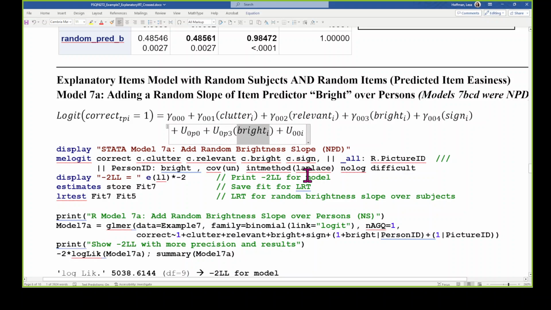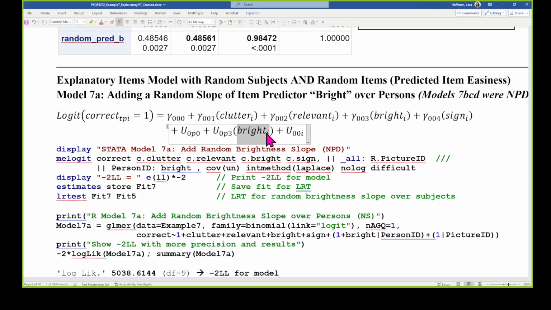How much that matters differentially? What is it random over is the question then. Over people. Now, what level is brightness as a predictor? It's level 2. So we've got level 1 trials, nested in level 2 people, nested in level 2 items. People and items are crossed at level 2. So brightness is an item thing. Its slope can vary randomly over people, the other level 2 dimension.